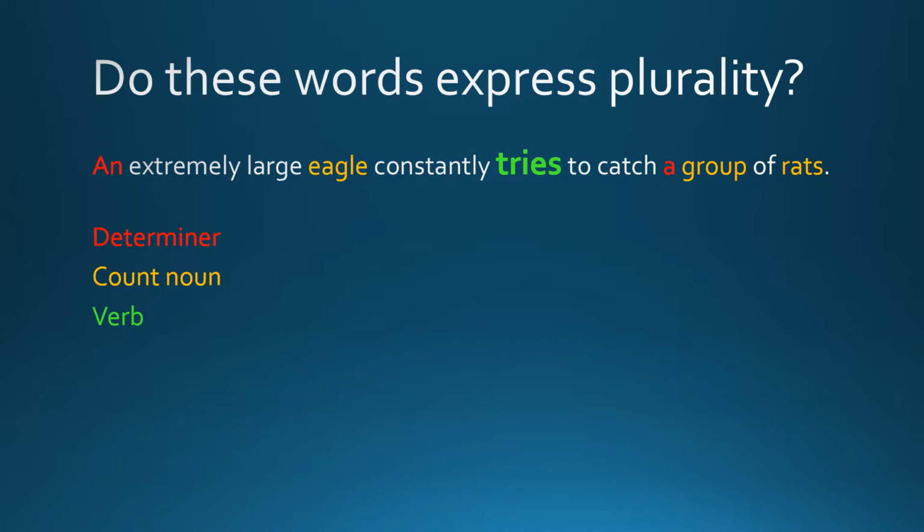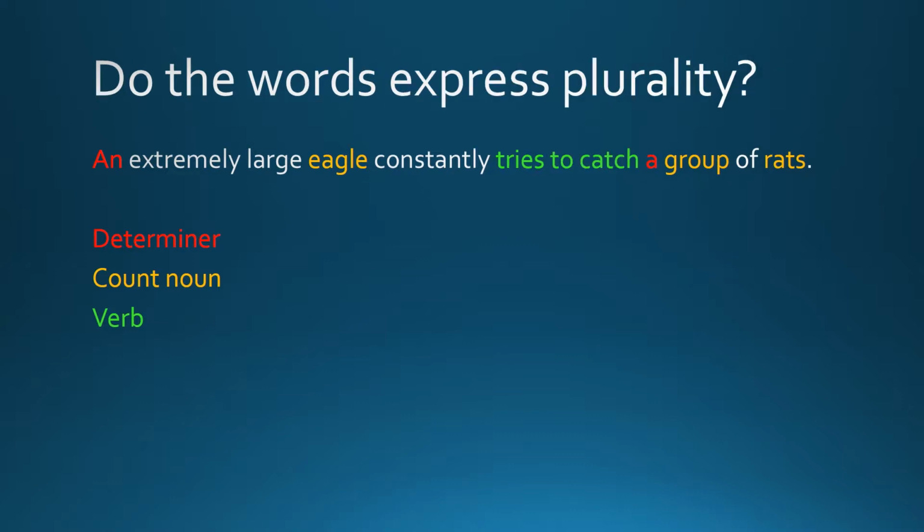Now, there's another verb in this sentence that I'll just tell you about because we haven't done the verb yet. So that's to catch. So that's also a verb. Okay, so that question about looking for words that end in an S has given us one more count noun and a verb. And now we move on.